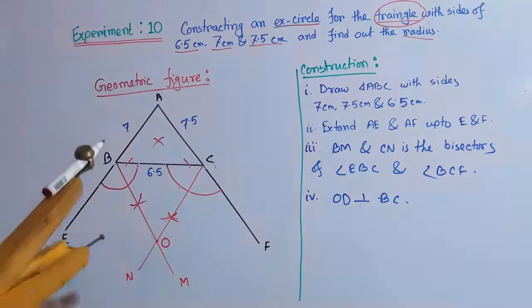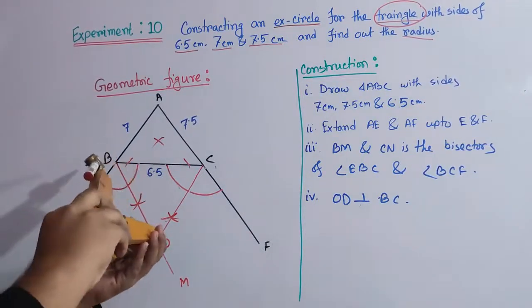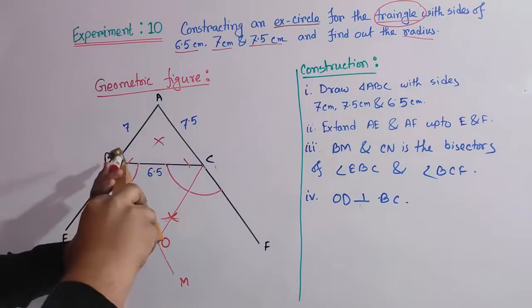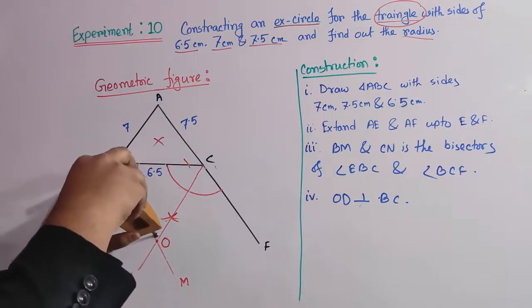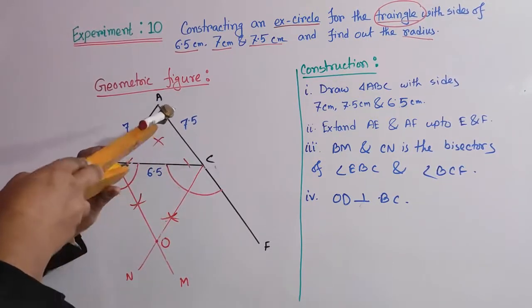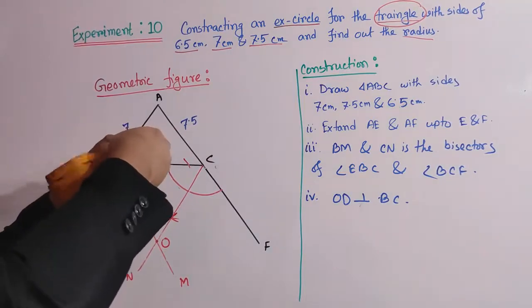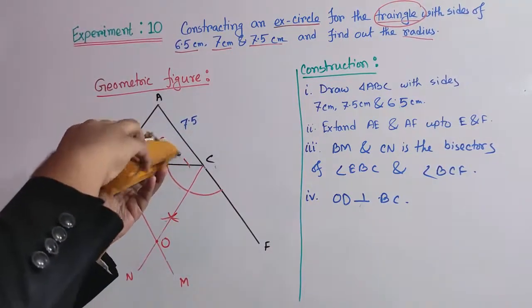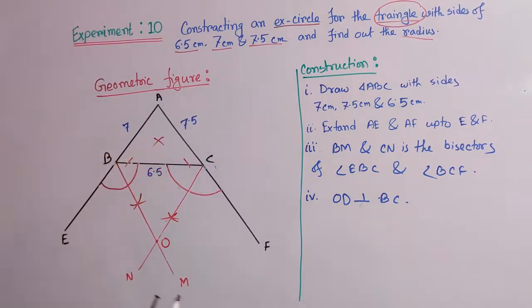Here, first from this point we'll get the point here, and similarly we get the point in here, and after that taking the same distance we'll get this point, and from here we'll get that point. So again these two arcs are bisecting.